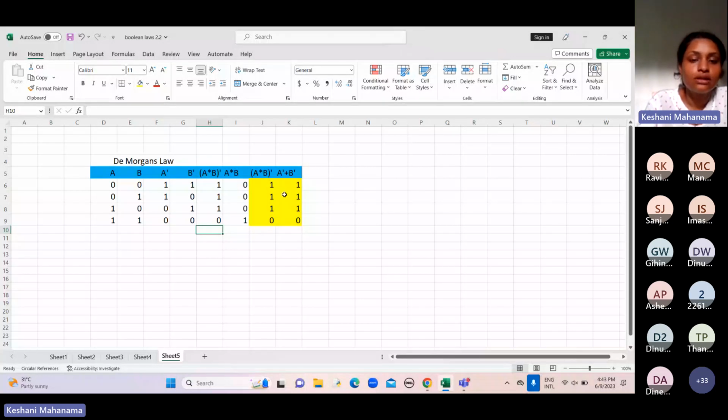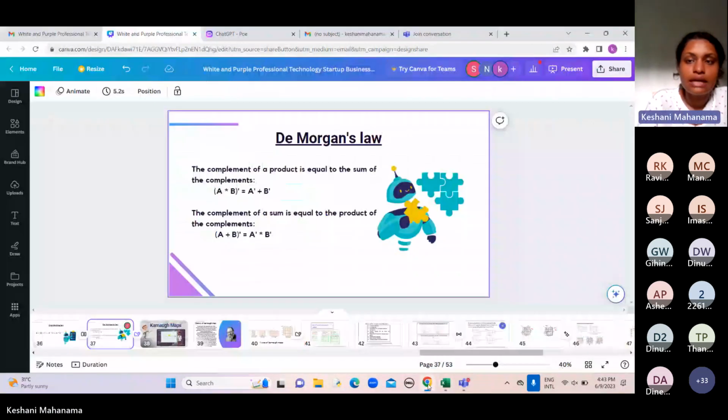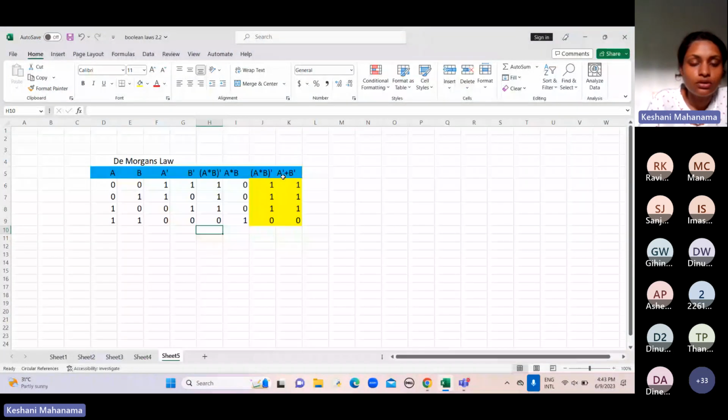Then the next one we are asking is A' + B'. It means we have to pass A's complement and B's complement through an OR gate. If any value is equal to 1, then the output is 1.